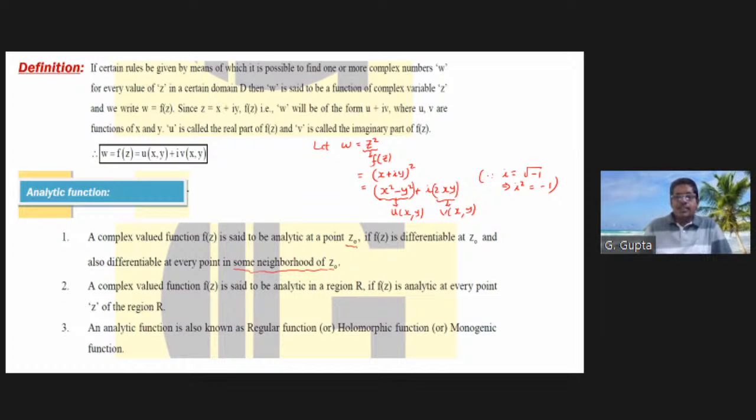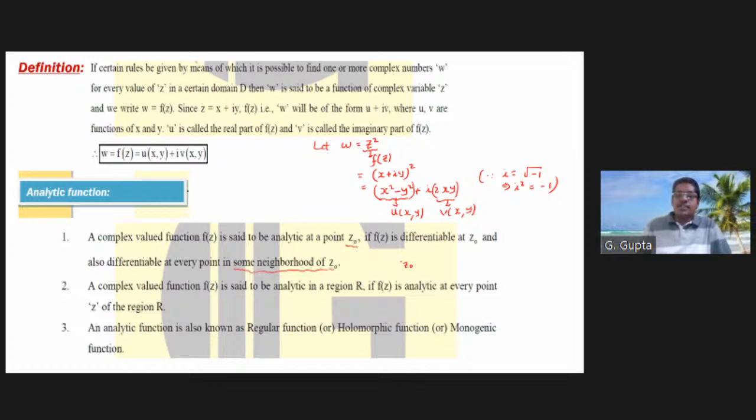Let us take Z0, that is a center, that is a point. Z0 represents a point in the Argand plane, the complex plane. So by taking this point as a center, we can draw so many circles.